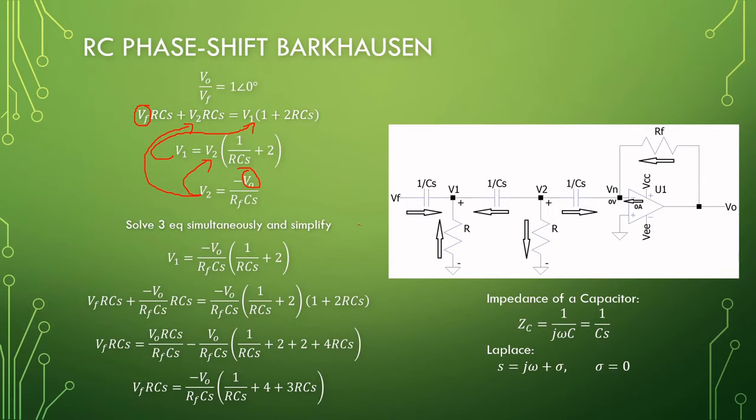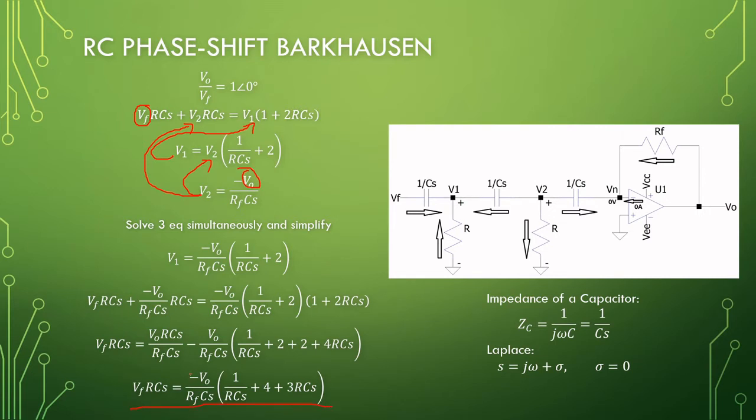So you can pause this and do the substitution on your own. I first did the V2 into V1 here, and then both up into the top equation, and then I started to simplify down to this point.